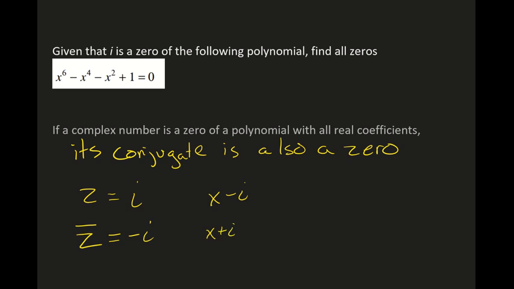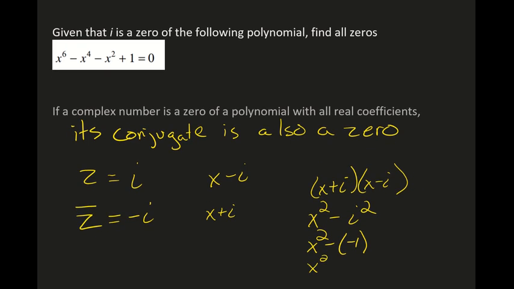Now what happens when we multiply those together? When we multiply conjugates, we end up with the difference of perfect squares. So it'll be x squared minus i squared. Now, i squared is negative 1, so this will be the same as x squared plus 1.